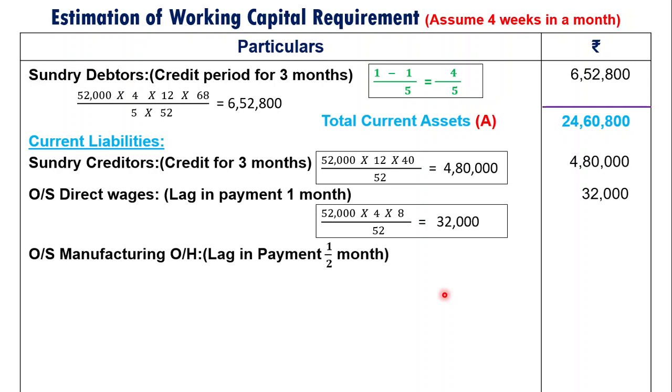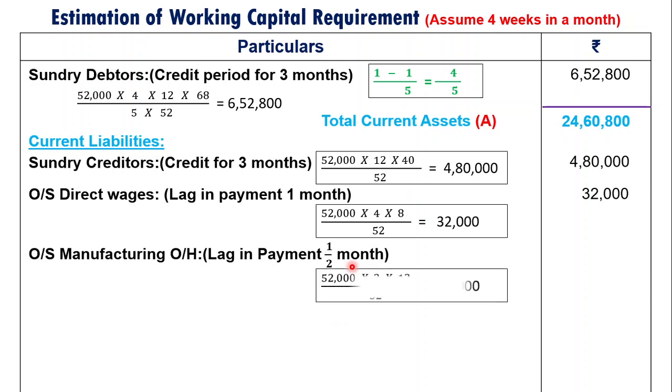One more is outstanding manufacturing overhead. The time lag in payment of overhead is half month. Half month means 15 days, and in 15 days there are 2 weeks. If 1 month is 4 weeks, then half month should be 2 weeks.